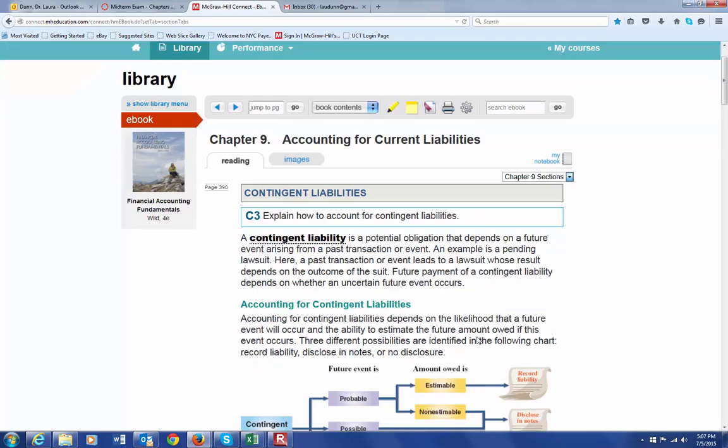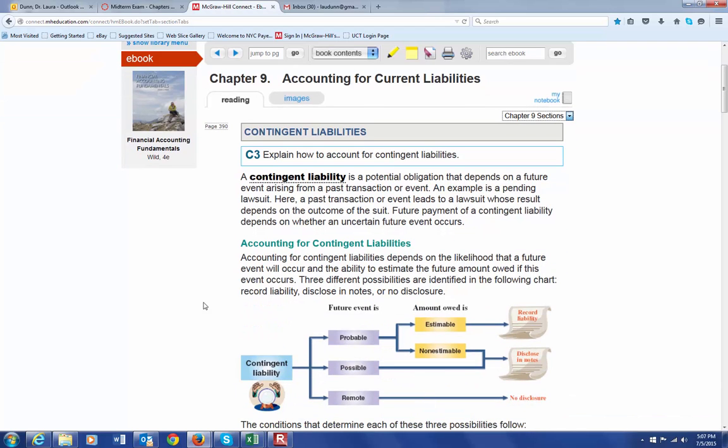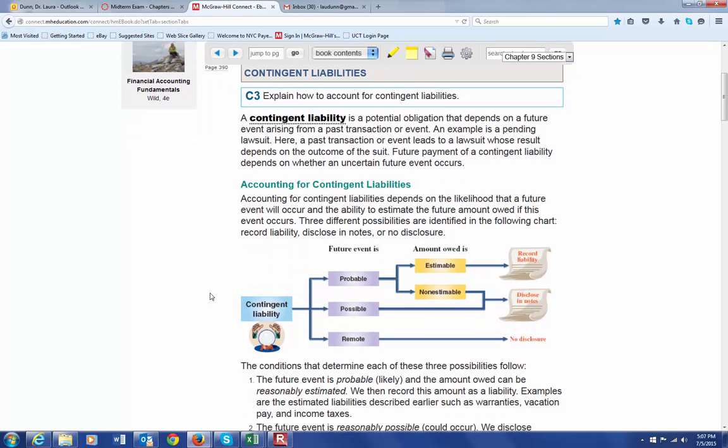When you're talking about a contingent liability, the question is, how do you handle it from an accounting standpoint? And that depends on how you interpret that particular situation.